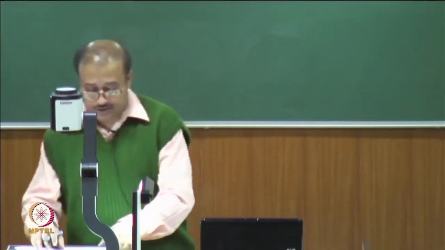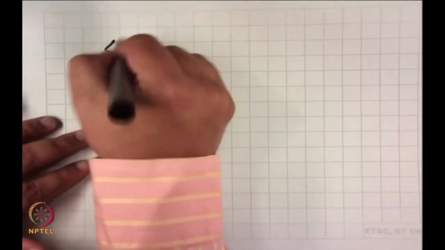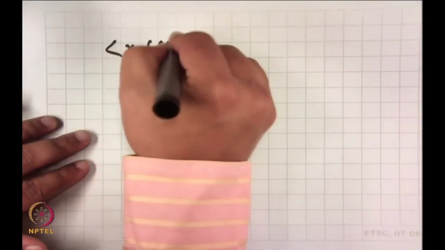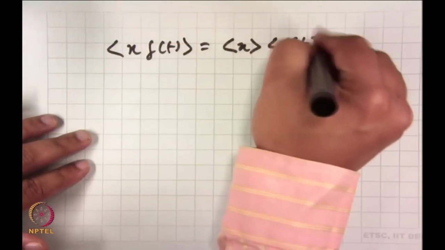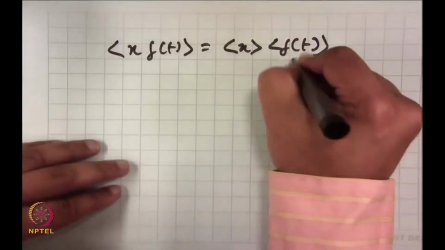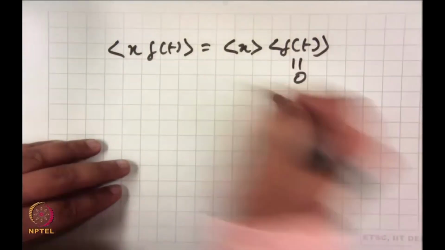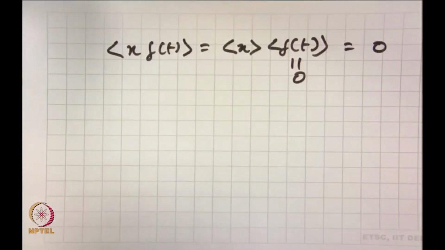So, based on a discussion from before, I can write the average of x f of t is equal to the average of x times the average of f of t, because these two are uncorrelated. Now, what is the average of f of t? That is 0. So, the whole thing goes to 0, because the average of your fluctuating or random force is 0.